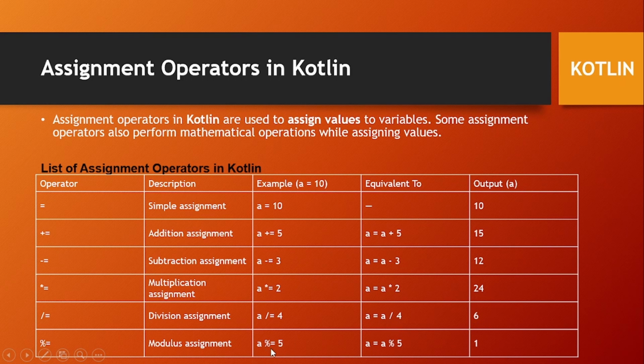For modulus, I have used the modulus symbol, the percentage symbol, and equal to 5. It means a = a % 5, where a is 6. The result will be 1. Don't worry, I will perform some other examples.